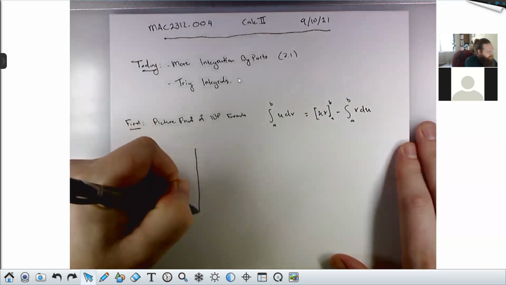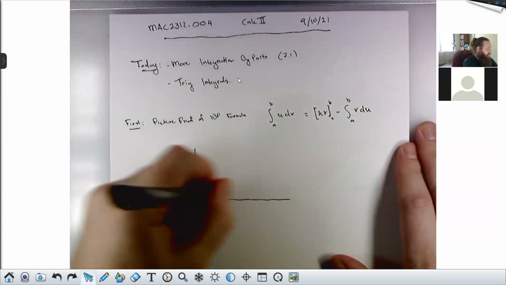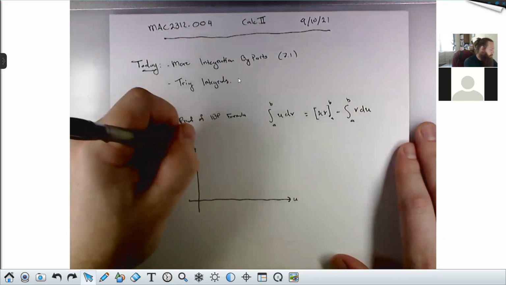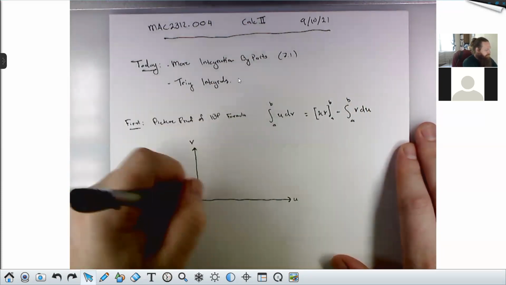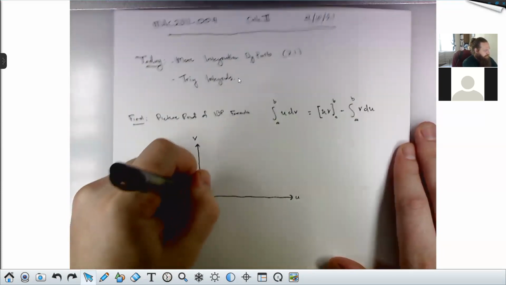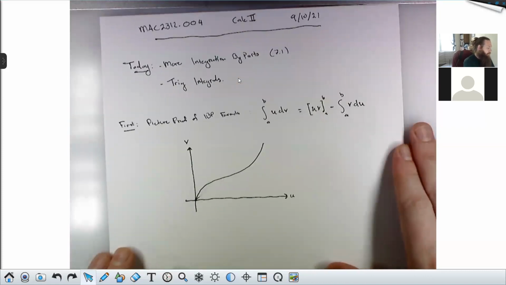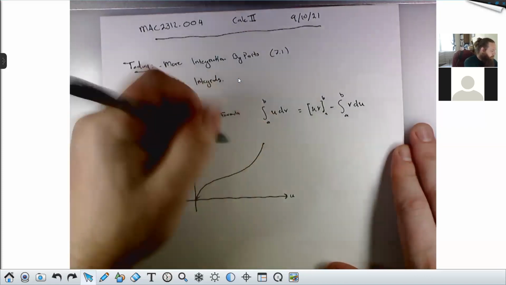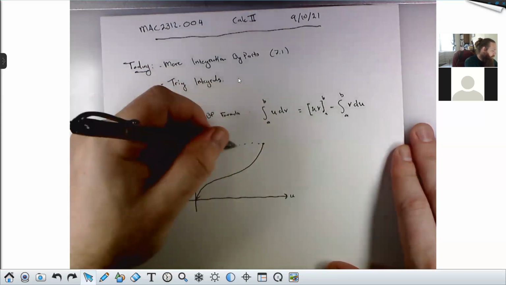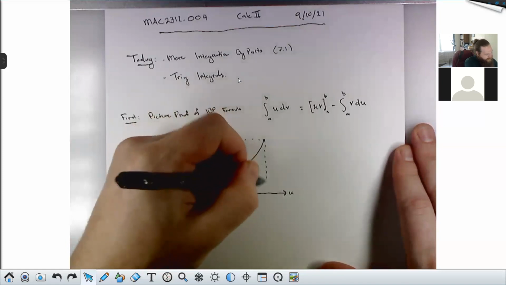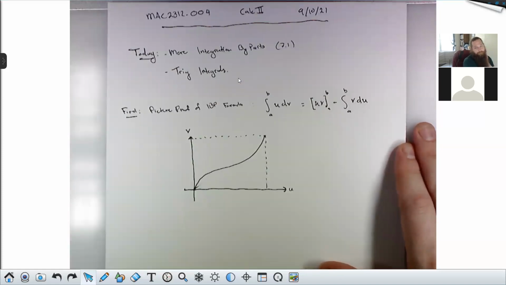I'm going to do my best to remember this. And sort of think of some curve. And then to consider this rectangle.